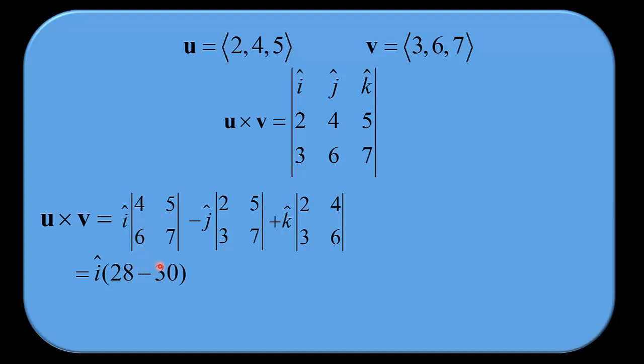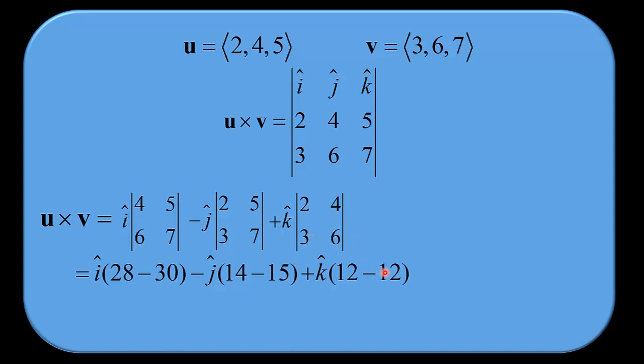See? 30. Okay? Then we've got minus j times 2 times 7 minus 3 times 5. Okay? Plus k times 2 times 6, 12, minus 3 times 4, 12.